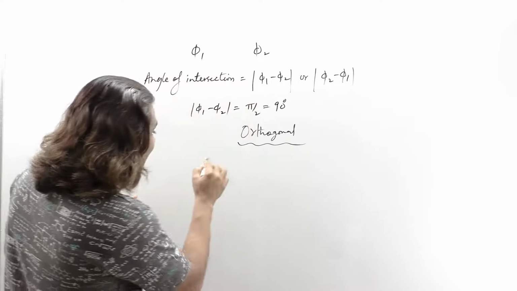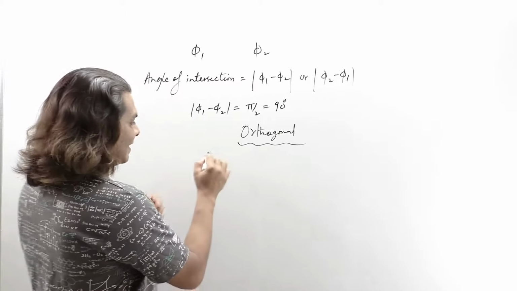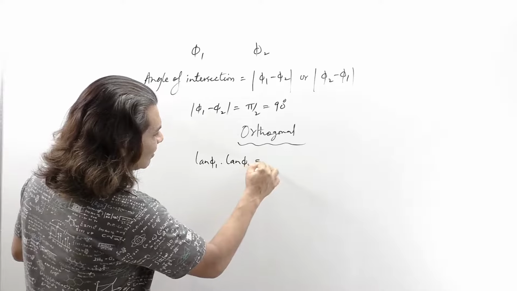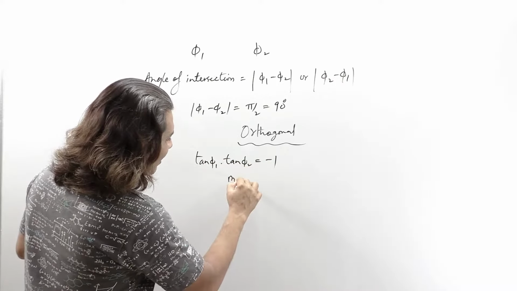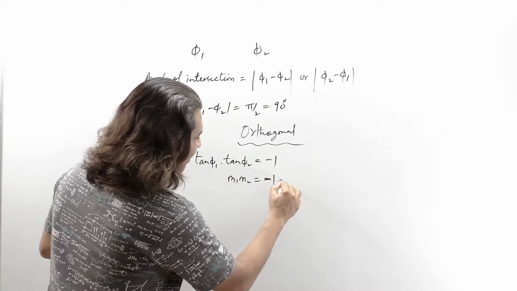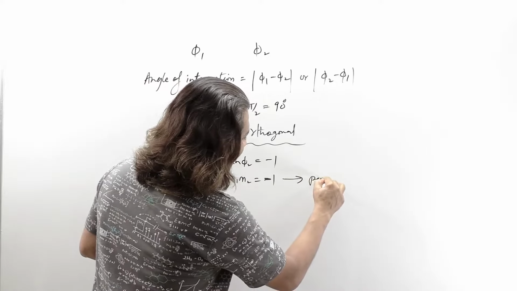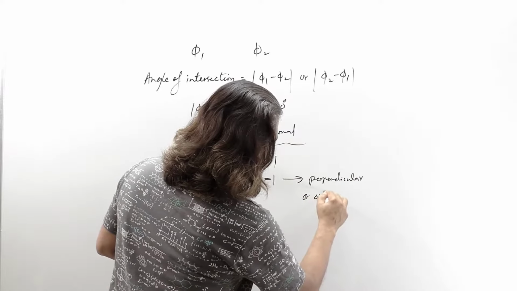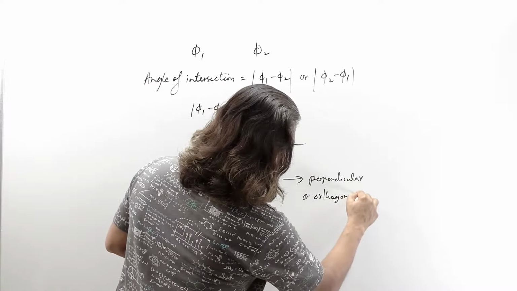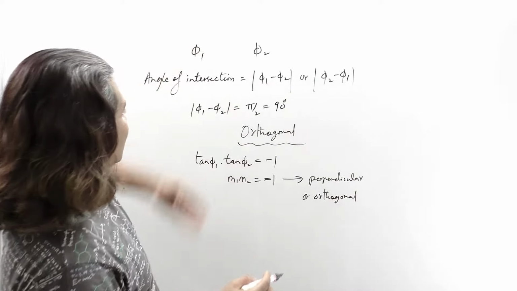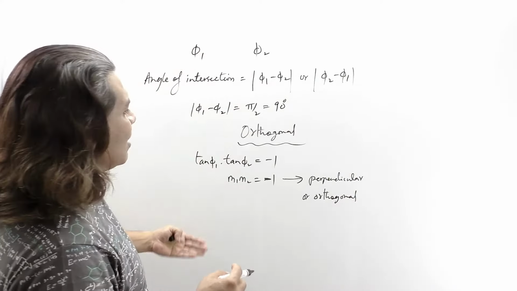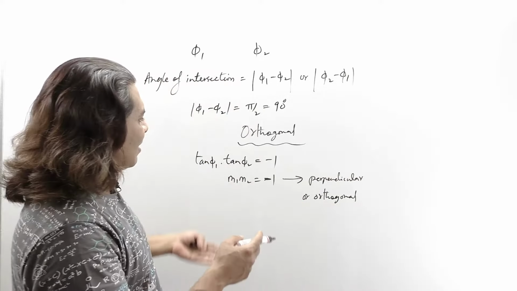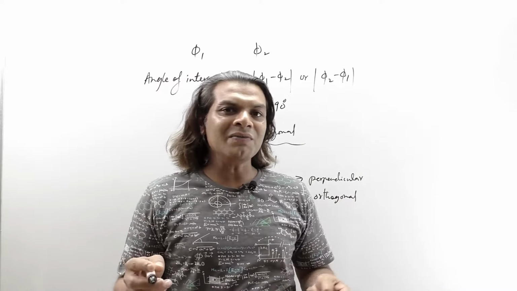If the slopes of the two lines, that is tan of phi 1 into tan of phi 2 is equal to minus 1, or m1 into m2 is equal to minus 1, then also it is said to be perpendicular or orthogonal. Now, taking this theory into mind, we will be solving problems based upon angle of intersection between two polar curves and orthogonality of two curves.